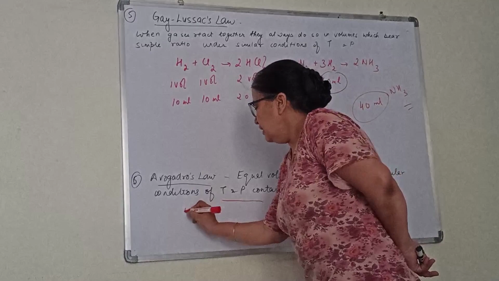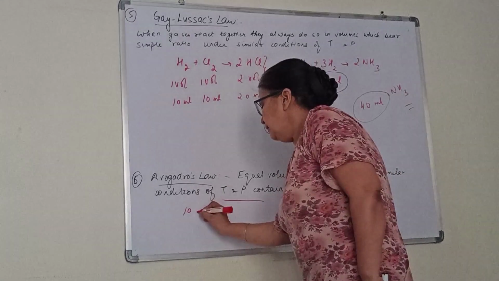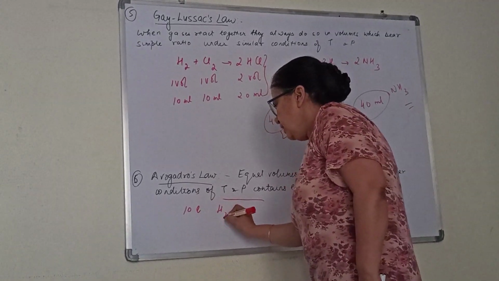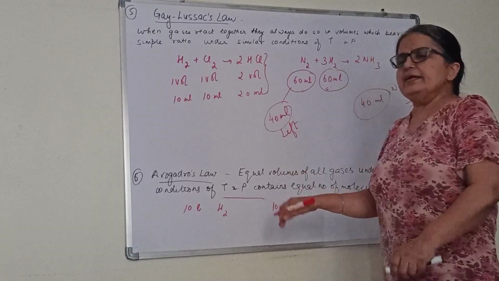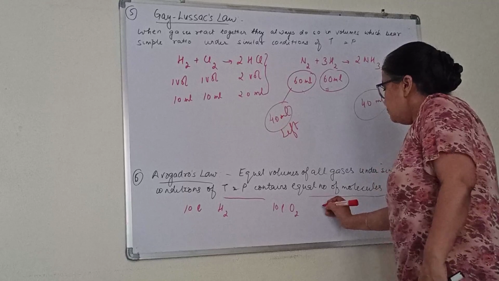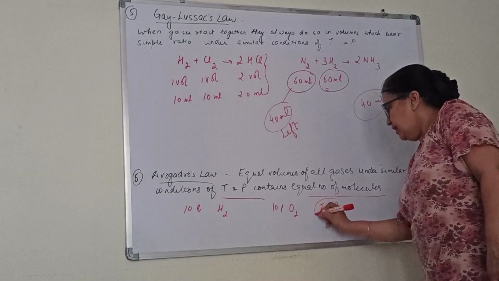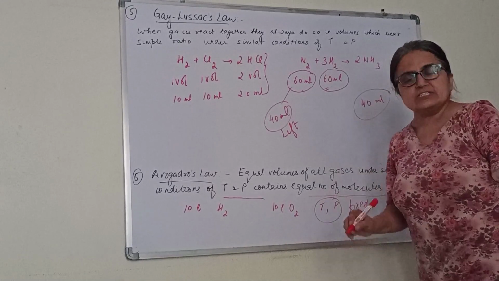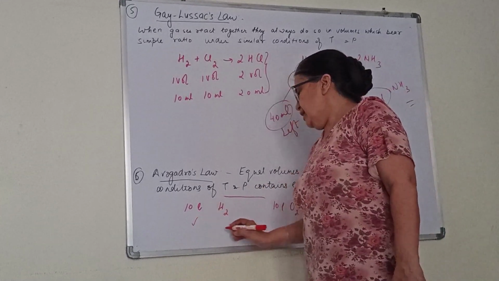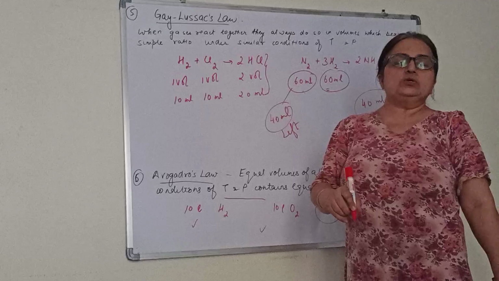Let's take an example. If I take 10 liters hydrogen, 10 liters oxygen or 10 liters of any other gas, and I keep temperature and pressure fixed, they will have the same number of molecules.